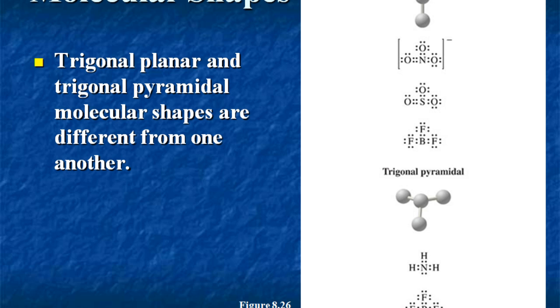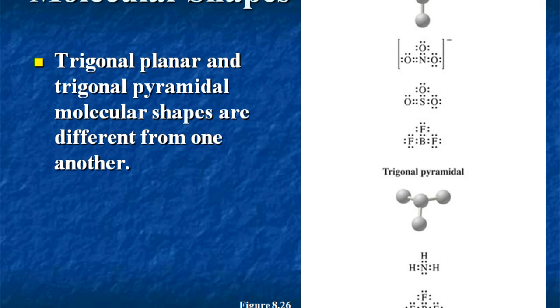Now when you have 4 electron sets, the parent structure is tetrahedral. 4, tetra, remember it that way. There are 3 possibilities. One is all 4 bonding, so tetrahedral. Or take one out: one is a lone pair, so the shape becomes trigonal pyramidal, not planar.